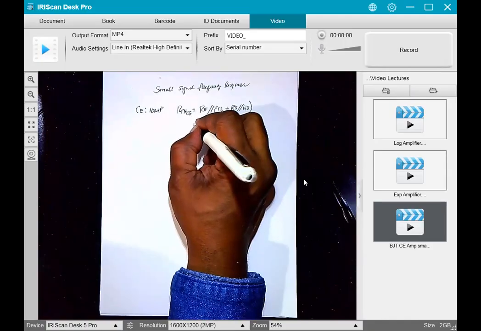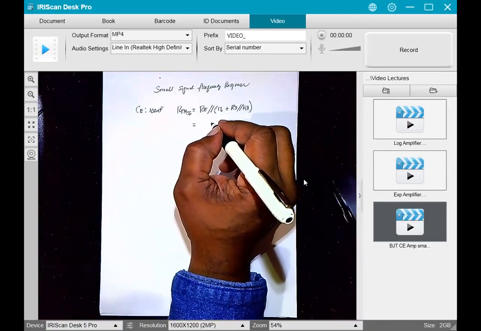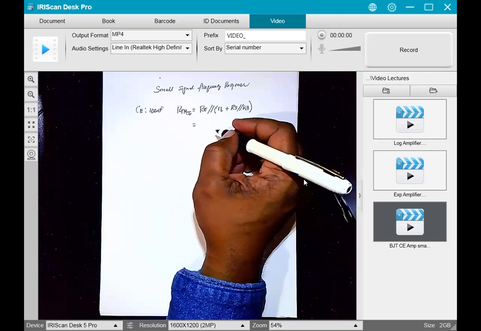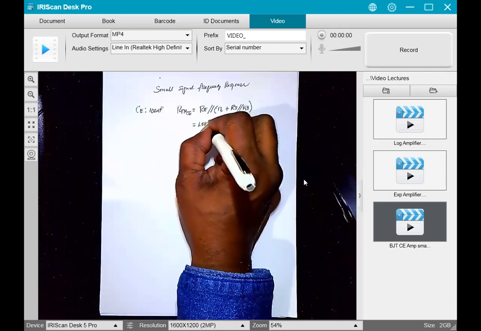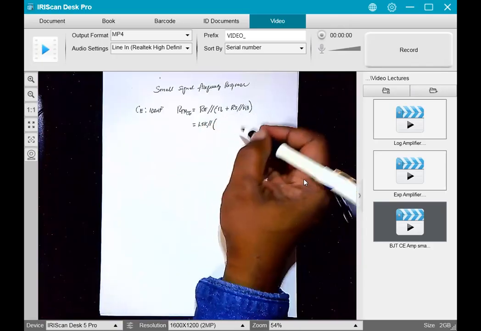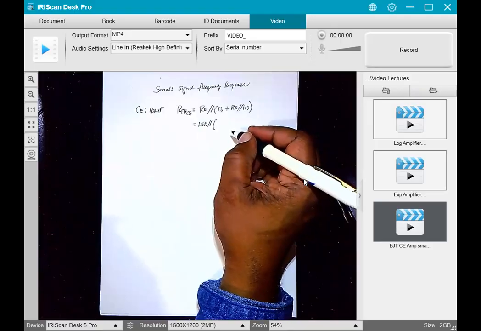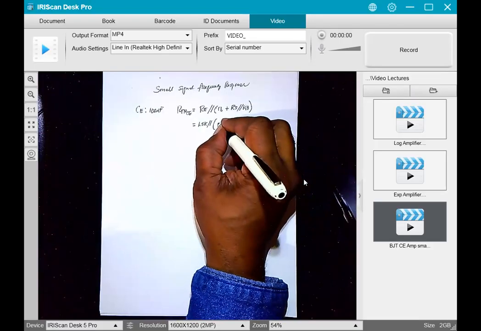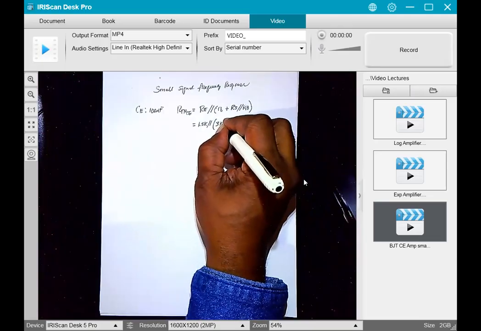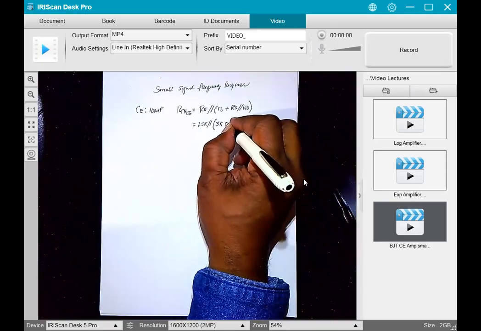So here we're going to get, and you can refer back to the book, RE is 1.5K. Little RB then is 3K. You can get that from the previous page.